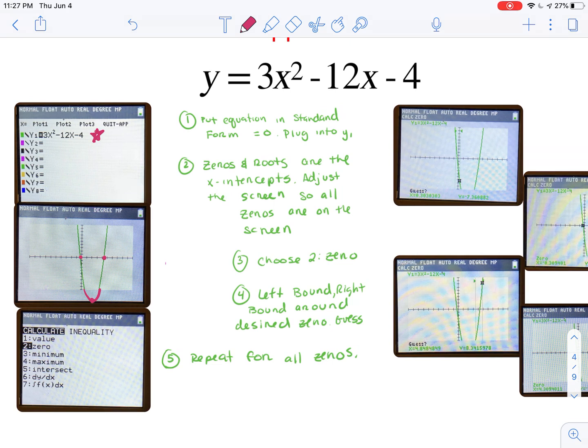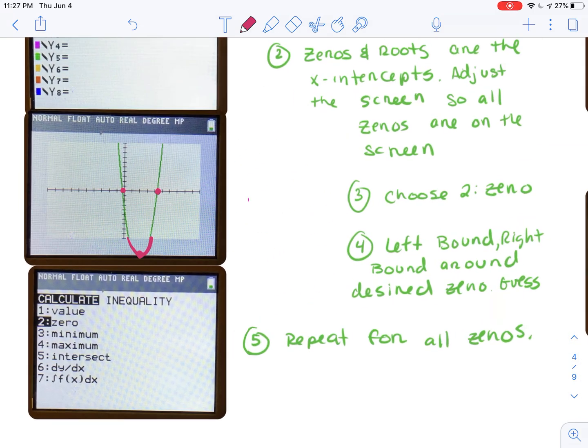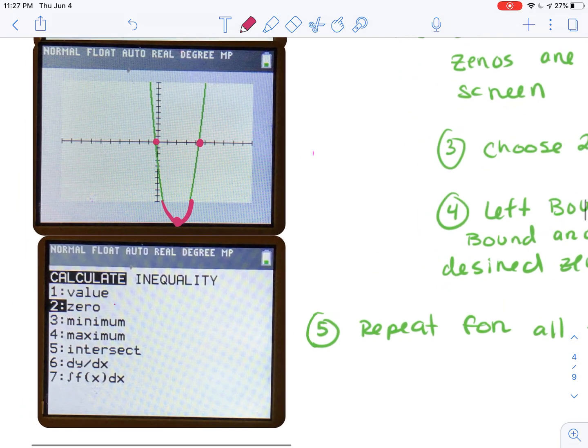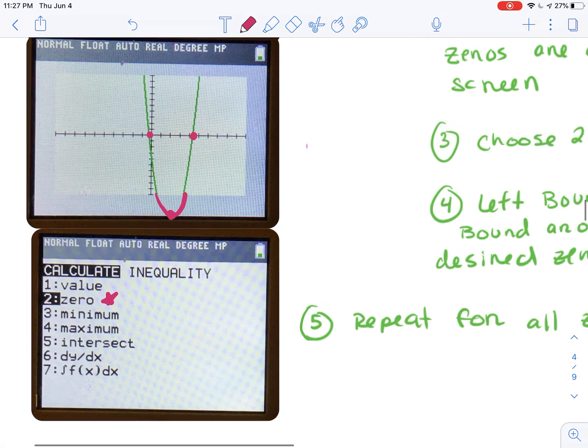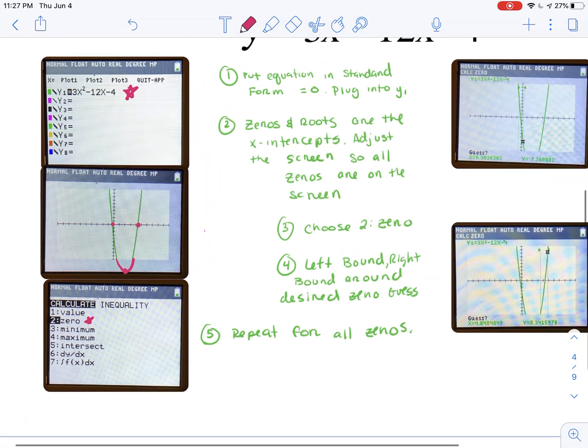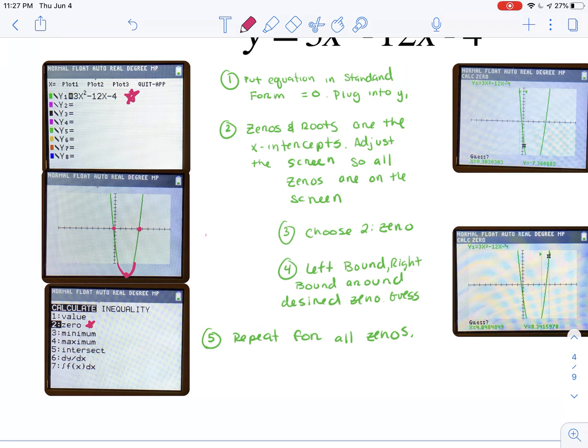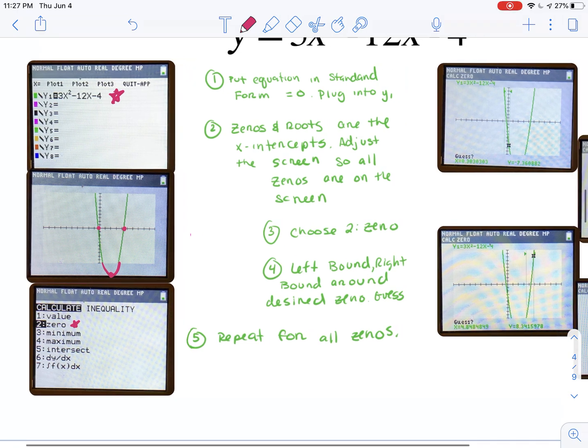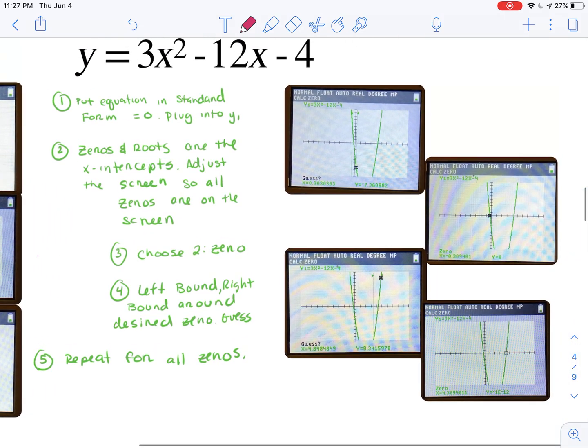Now when we do this, to find the zeros, we're going to press second trace, the same graphing menu we've been looking at all year. And we're going to choose option number 2, which states zero. That will give you any zero, any x-intercept value that we need.